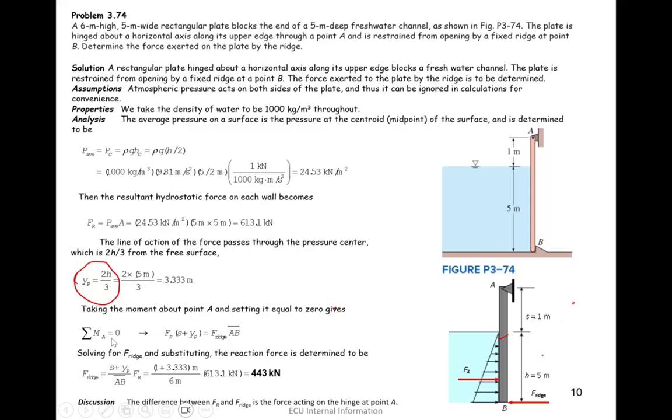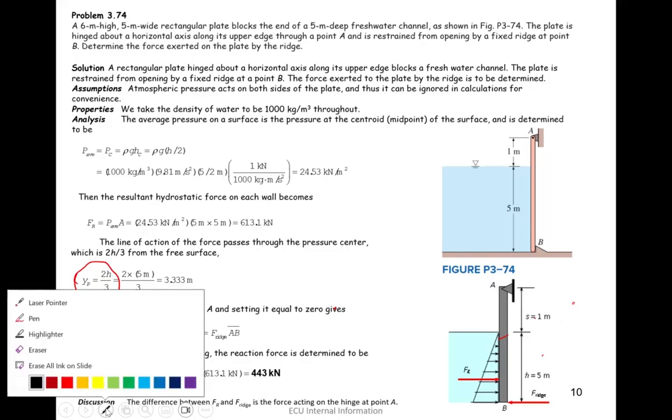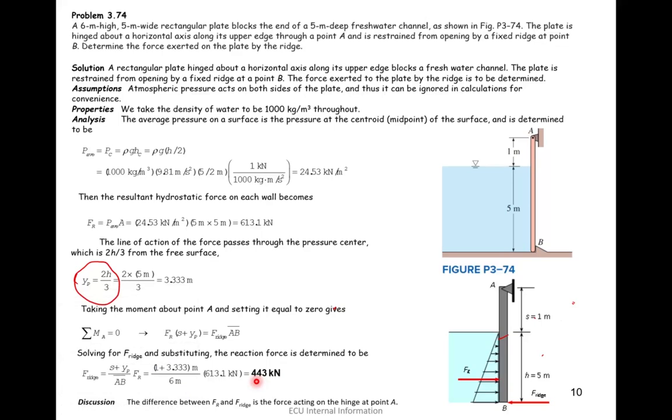So if we take moments around this point, then we can say F_R times s, which is this one, and where it is acting, yp, equals the reaction of this ridge times its distance around this center. So the only unknown in here would be F ridge, which would be 443 kilonewton, and simply we answer the question.